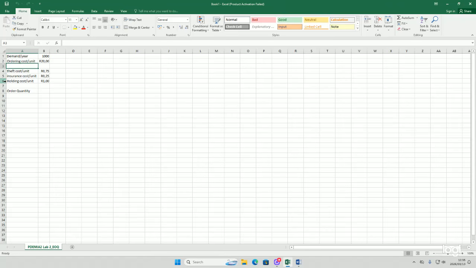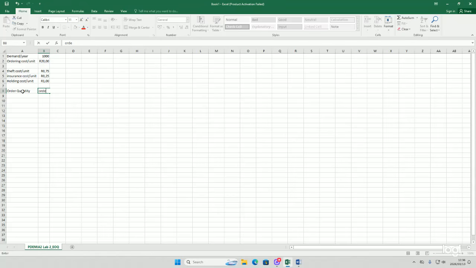Remember initially I just gave you that total holding cost per unit. It's 1 rand. But then I can do that to say I give you the holding cost, and then you have to calculate the holding cost per unit, the total holding cost per unit, because you need this to do your calculations under this one. So in this column you would have your order quantity, and then you would have your ordering cost.